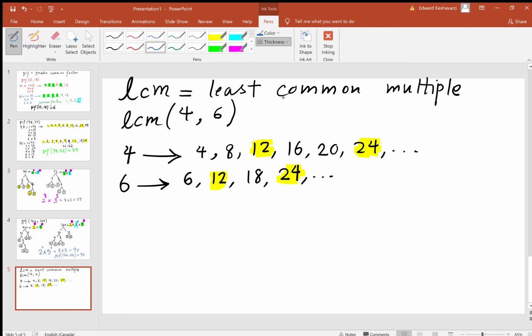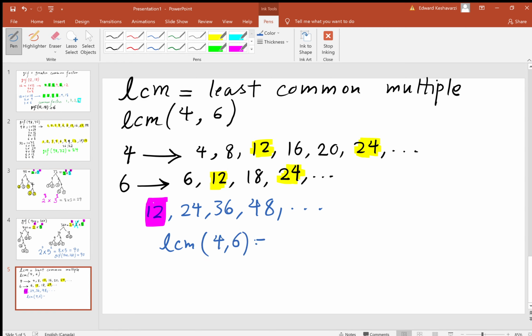And think about it, it goes up by 12 by 12. So the common multiples are 12, 24, 36, 48, and it never stops. So which one is the least common multiple? Obviously 12 is the least number among the multiples. This is why the LCM of 4 and 6 is equal to 12.